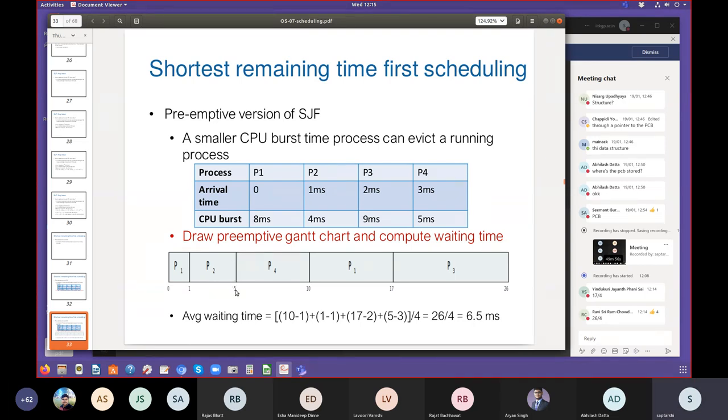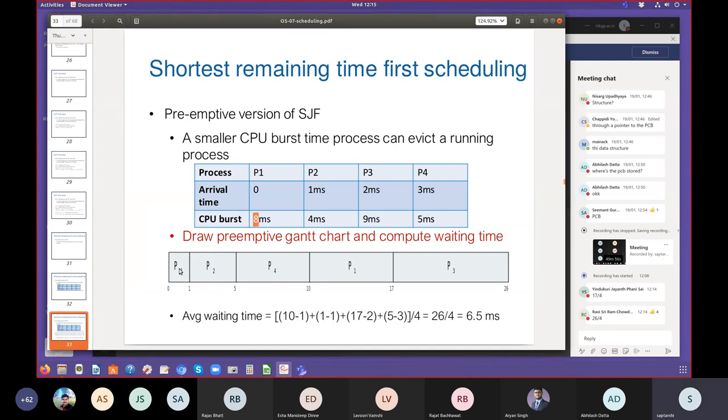At t equal to 5, all processes are there. P2 is completed, and P1, P3 and P4 remain. Then the scheduler sees the CPU burst times of the processes: 9, 5 and 7.